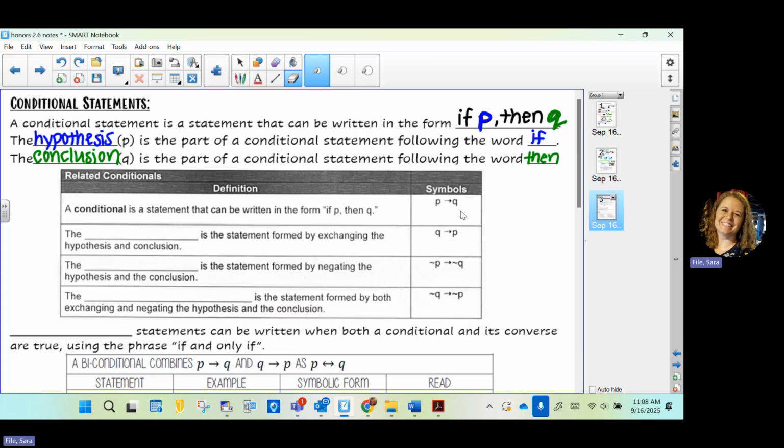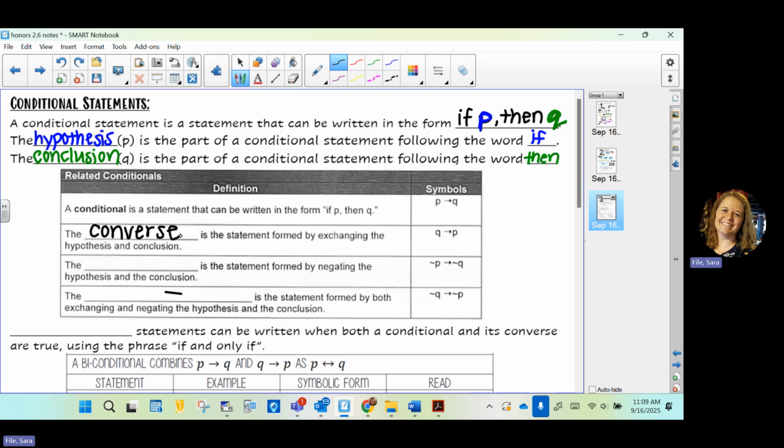Once we establish what our hypothesis and conclusion are, what part is the P and what part is the Q, we can then rearrange and negate these to create related conditionals. The conditional symbolism is P, then this arrow to the right, Q. So this is your original conditional statement: if you give a mouse a cookie, then he's going to want a glass of milk. One of the related conditionals that we need to be able to write is called the converse.